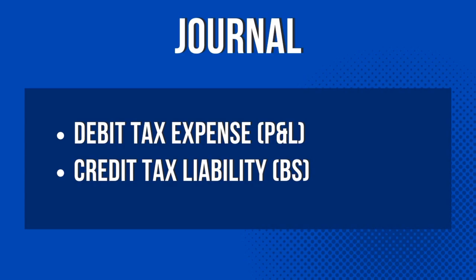And we credit tax liability on the balance sheet. And generally that's a current liability, a short-term liability, because generally tax is due within 12 months of the financial year. Once again, it depends on your country of residence, your tax residency, but in most cases it will be a current liability. And there we have it, the tax calculation.